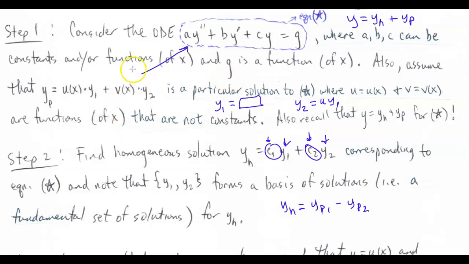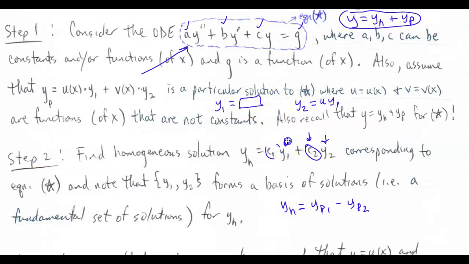And so to be specific, you want to know what is going to be your A, what is going to be your B, what is going to be your C, what is going to be your function g of x, okay? So we want to know all of that. And we also want to know that our final solution will have to be of this form, okay?